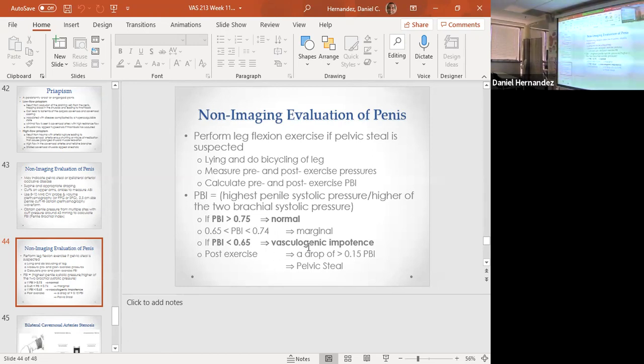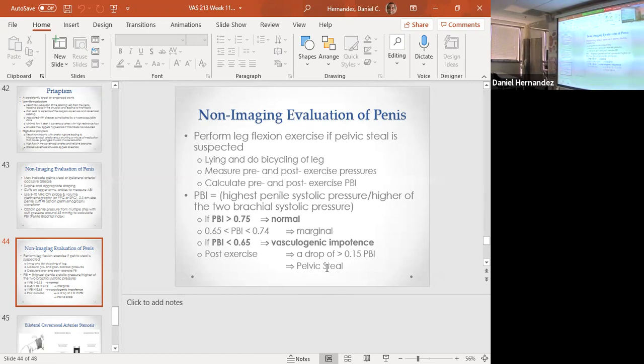Post-exercise, we look for a drop in pressure similar to our exercise PVR. With our exercise PVR, if we see a decrease in the ABI, that indicates arterial insufficiency. Same thing here. If we have a drop greater than 0.15 in the penile brachial index post-exercise, this indicates insufficiency and indicates a pelvic steal.